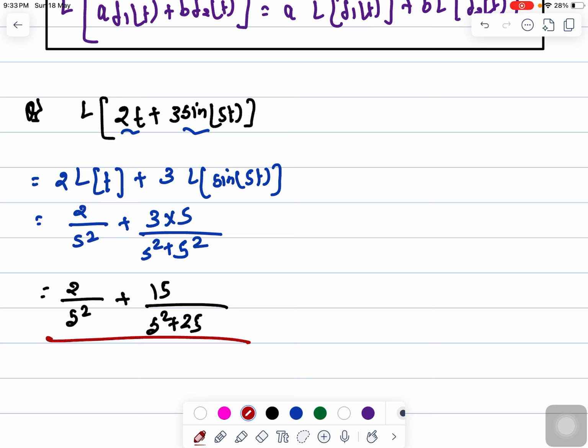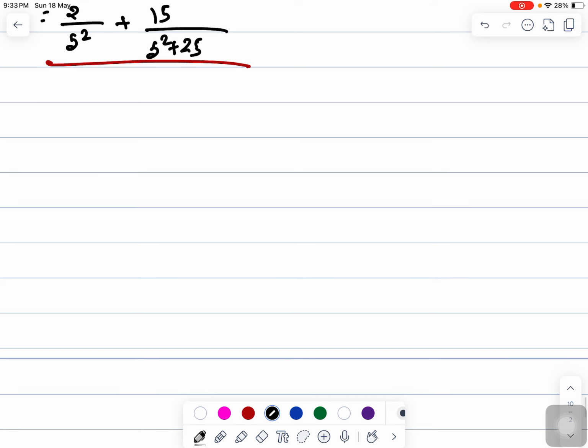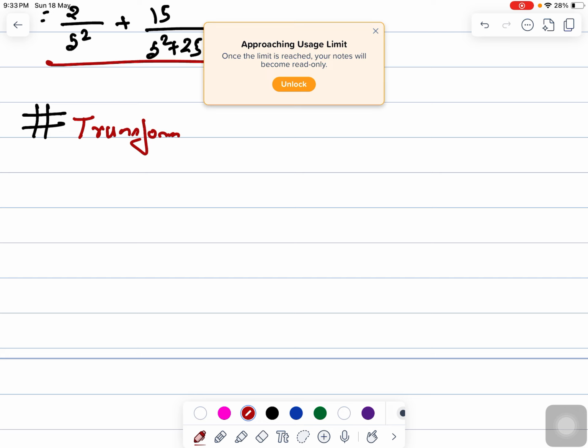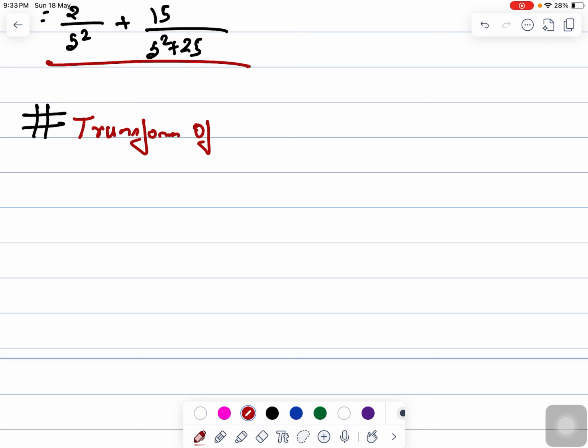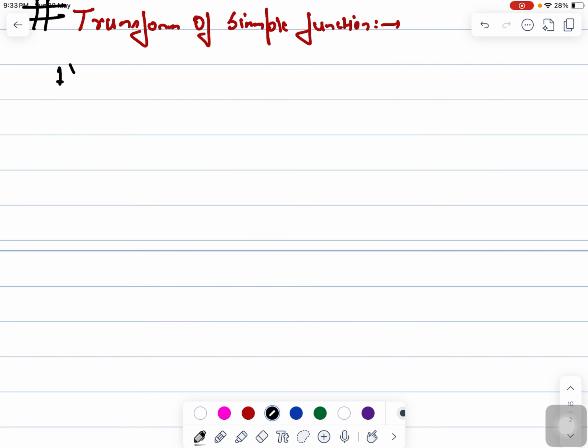Now coming to another part of this lecture, that is the transform of a simple function. That is also a very important concept. Let's first try to understand the simple function: the step function.